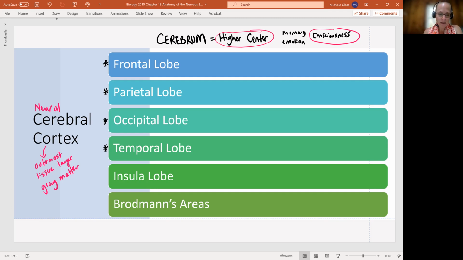When we talk about our primary lobes, we'll see that they have a distinct anatomical region, but they also have a distinct physiological function. So when we talk about our frontal lobe, we should think about this as processing our motor functions. Really, we're thinking here about control of skeletal muscle.